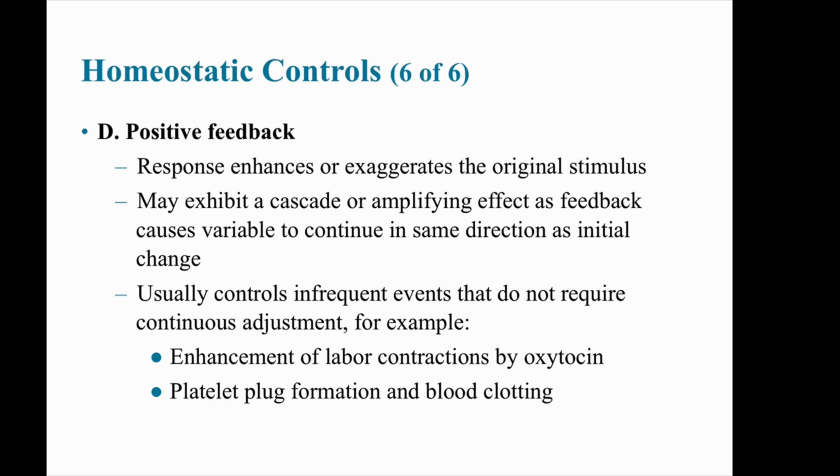For example, the immediate danger from a severe cut is the loss of blood, which can lower blood pressure and reduce the efficiency of the heart. So platelet plug formation and blood clotting is an example of where we see this positive feedback loop, as well as enhancement of labor contractions by oxytocin.